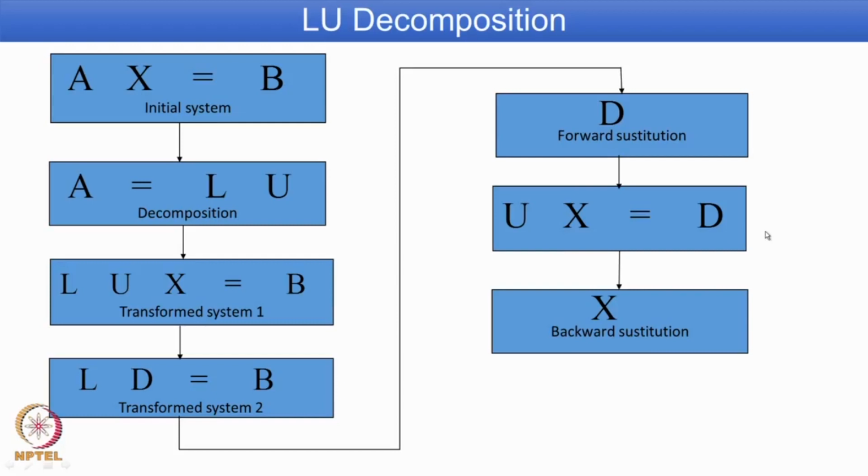When you solve this, we finally get x. So in LU decomposition there are additional steps in terms of decomposing the given matrix A in the form of L and U, and as you can observe, it has steps overlapping with steps involved in the Gauss elimination procedure, that is forward elimination and backward substitution.